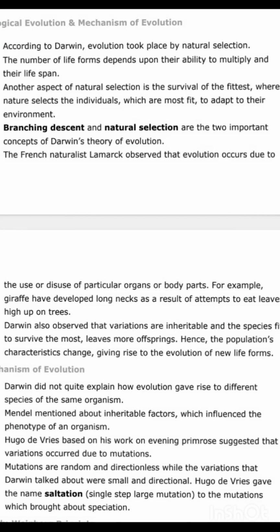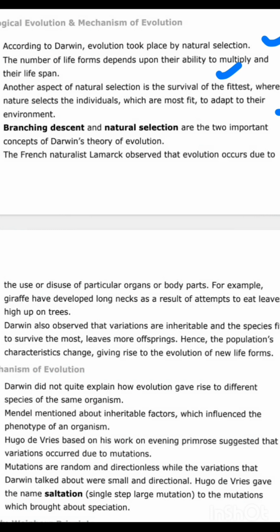The number of life forms depends upon their ability to multiply and their lifespan. Another aspect of natural selection is survival of the fittest, where nature selects the individuals which are more fit to adapt to their environment. Branching descent and natural selection are two important concepts of Darwin's theory of evolution.